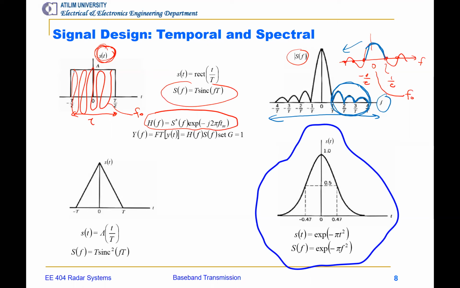So one way to reduce the power in these side lobes is to shape this rectangular pulse. So instead of a pure brick wall type rectangular pulse, we can smooth it just like this, okay?